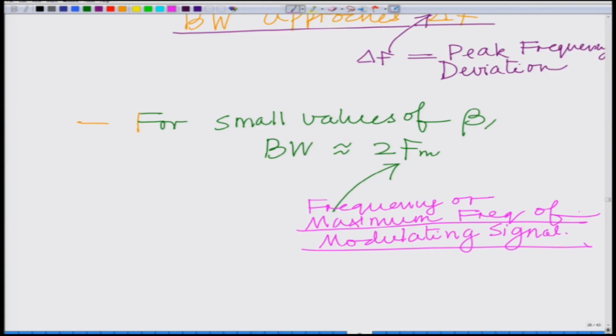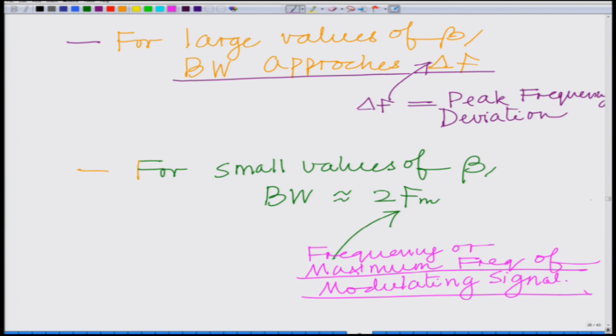For a general modulating signal, fm can be thought of as the maximum frequency of the modulating signal. Okay. And therefore, combining these two insights, Carson's rule to calculate the bandwidth of the FM signal is given as follows.